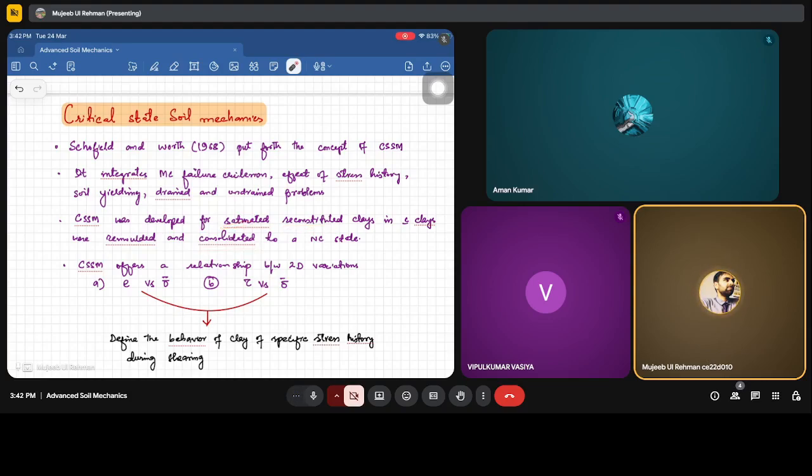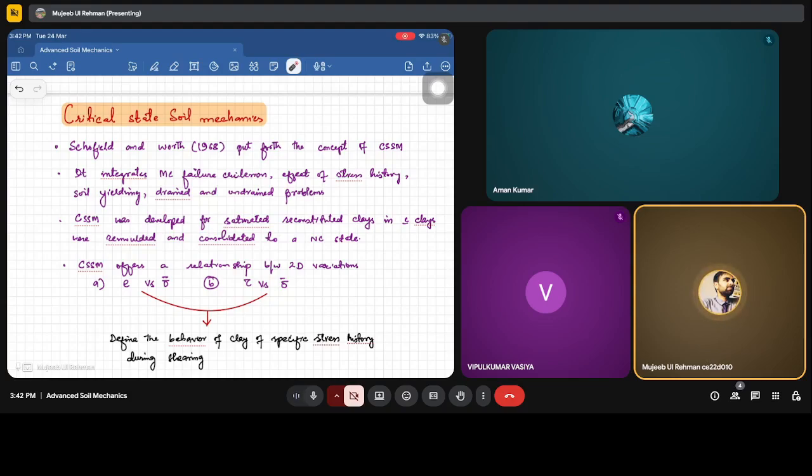Now, the more important point, as I told you, is that it takes into consideration the stress, like p and q, or the stress state, and also the volumetric strain calculations. So you can see these two things. It offers a wide relationship between the 2D variations of void ratio versus effective stress, and shear stress versus effective stress.